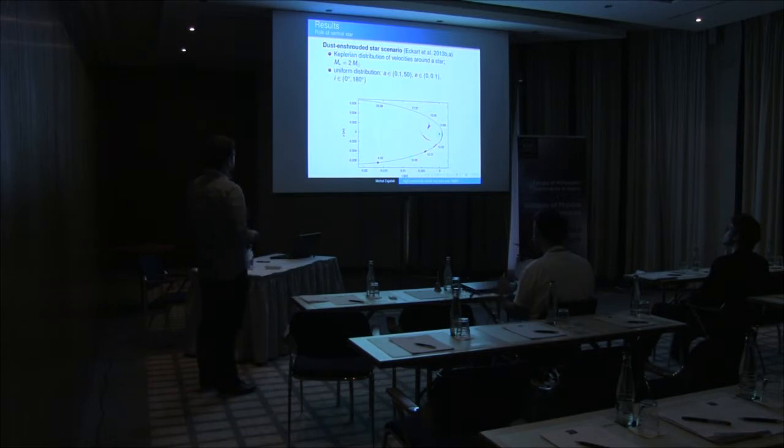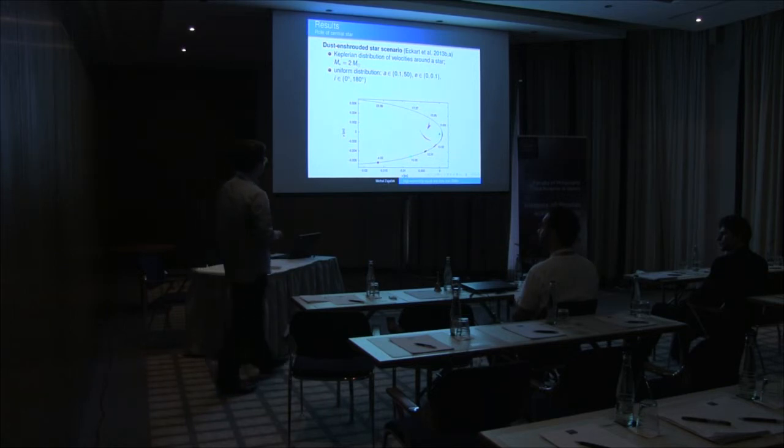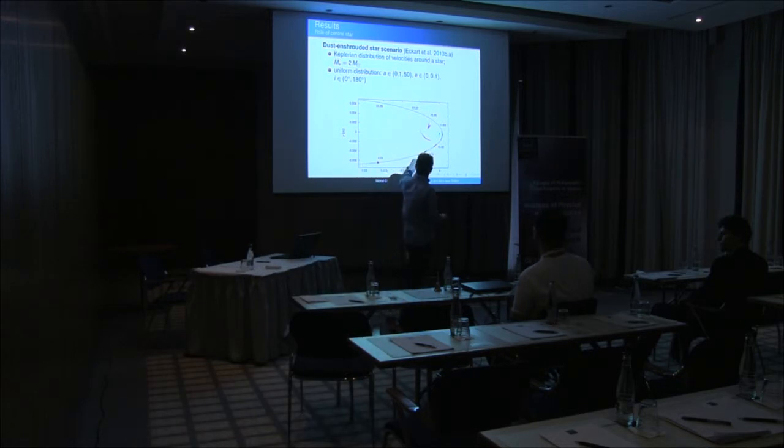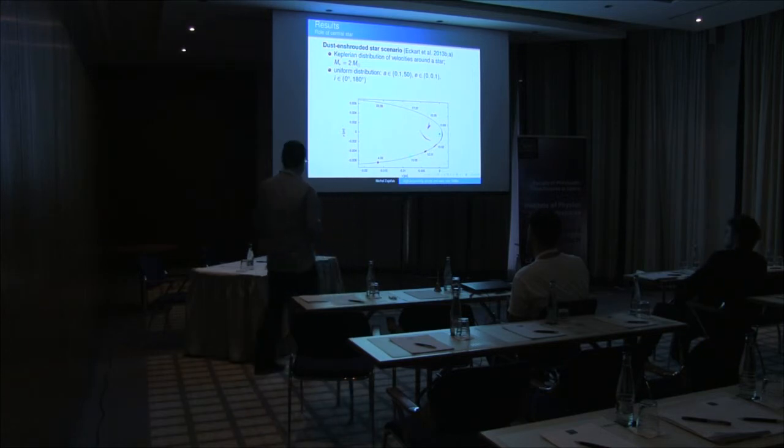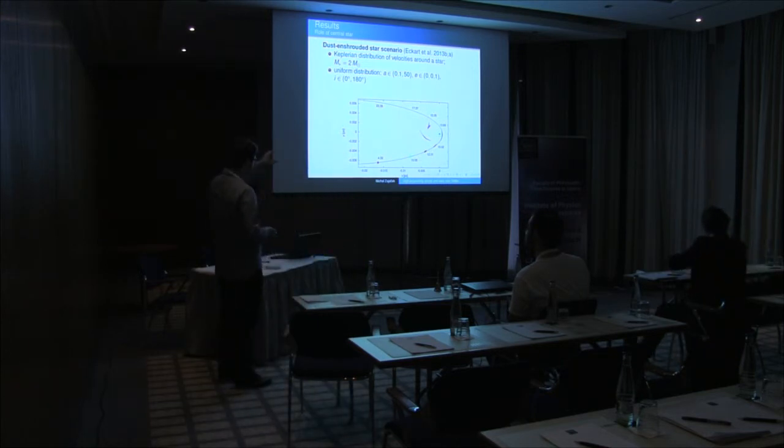Then we included the star with 2 solar masses and with Keplerian distribution of velocities for particles, and we see that again the cloud is tidally stretched at the pericenter, and then most of it is torn away after pericenter passage due to hydrodynamic drag.